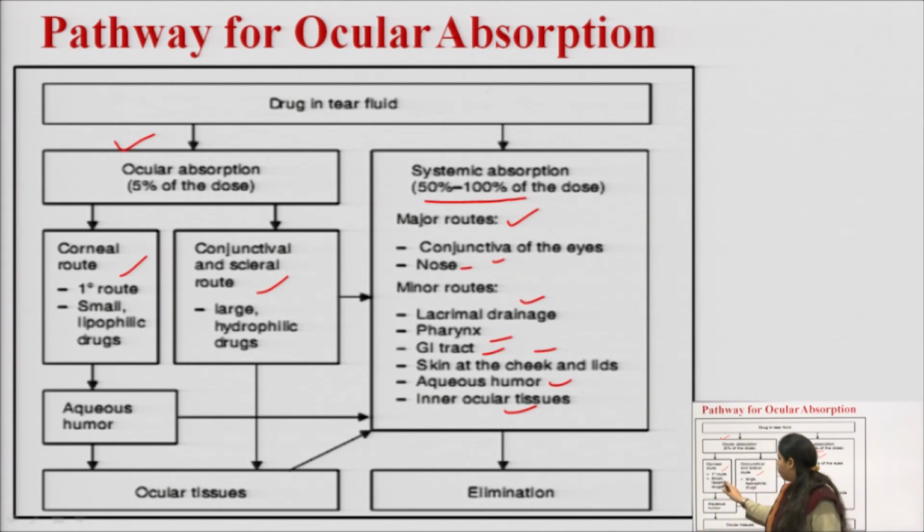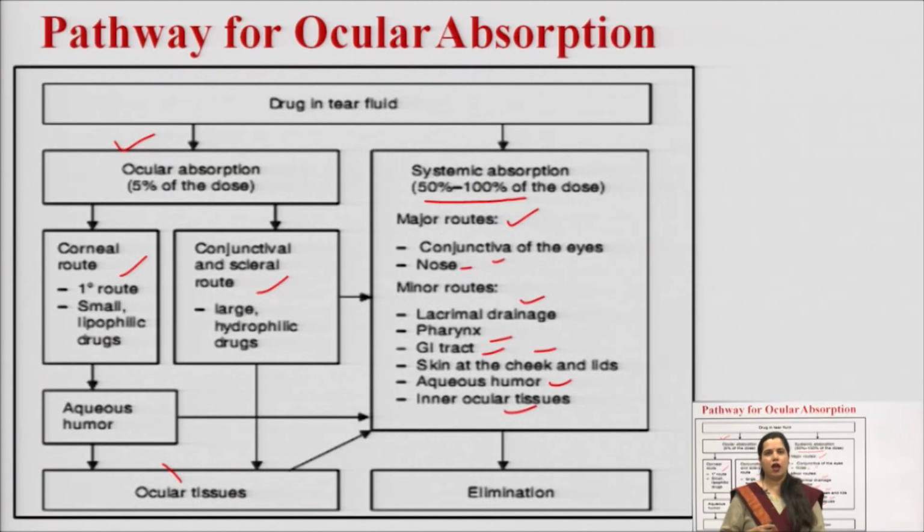And from this corneal absorption, the drug will go to the aqueous chamber and then ocular tissues. So, after this deposition, the drug will show its effect in the eye, or the local effect. So, you see how much drug is getting absorbed through ocular absorption, that is only 5%.